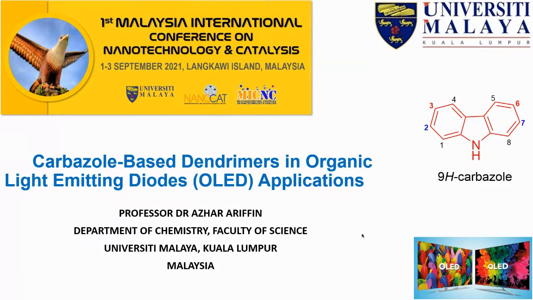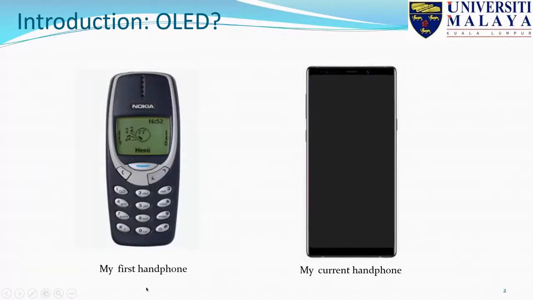Before I go into further detail about my talk, let us look a little bit at the history of what we are using today. Some history about myself as well: this is my first handphone that I bought after I finished my PhD in 1999.